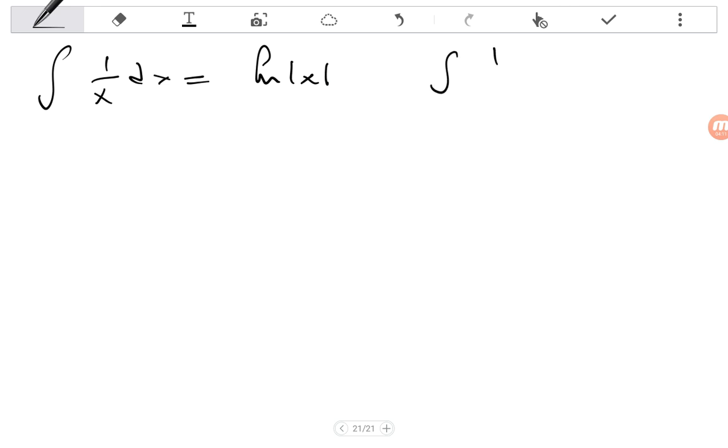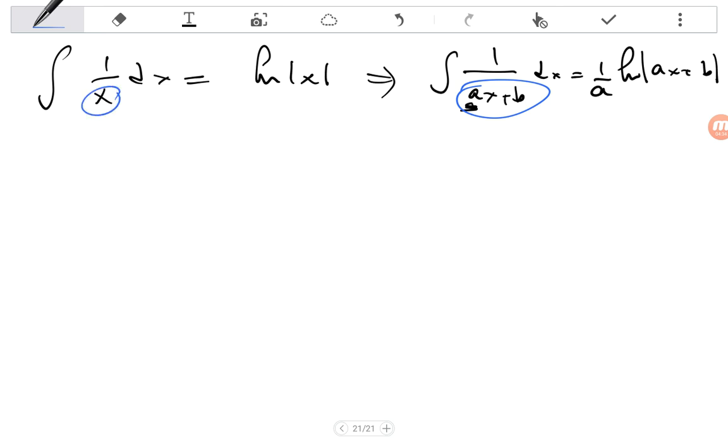Now I have a rule which is 1 over ax plus b will be ln of the denominator, which is ax plus b, but I remember to divide by a, the coefficient of x. Why is that a generalization of this? Because a linear expression took the place of x.